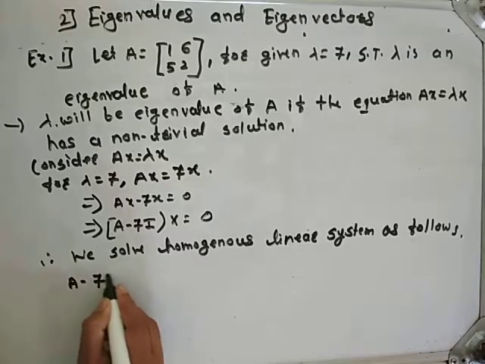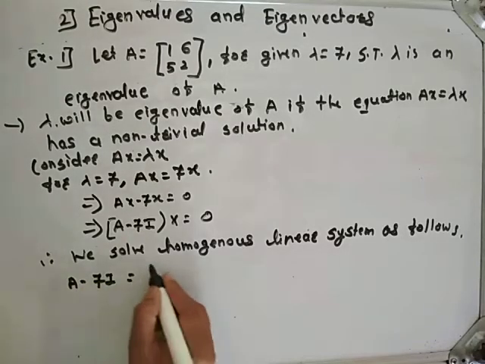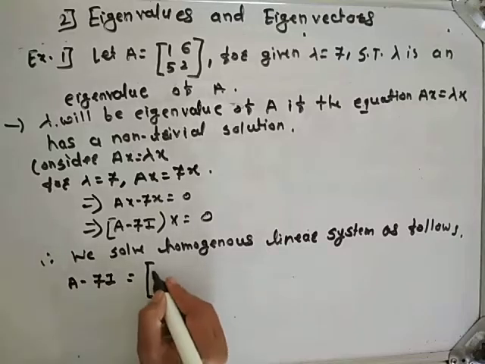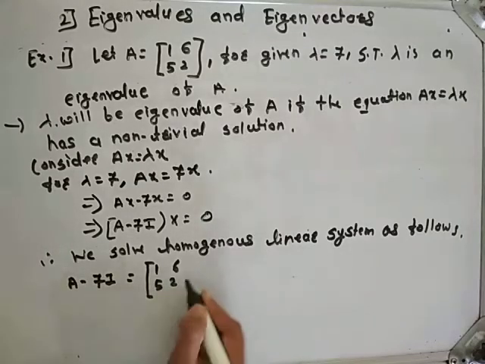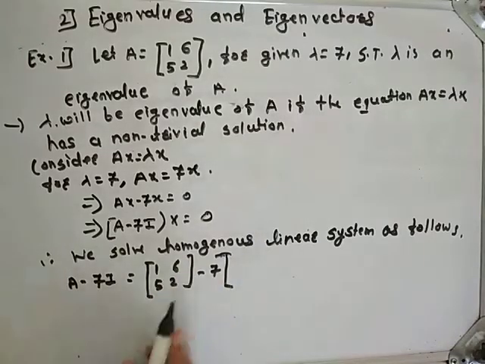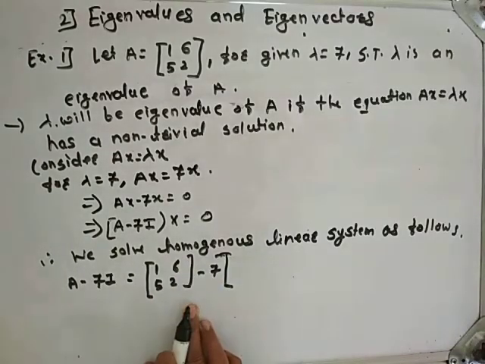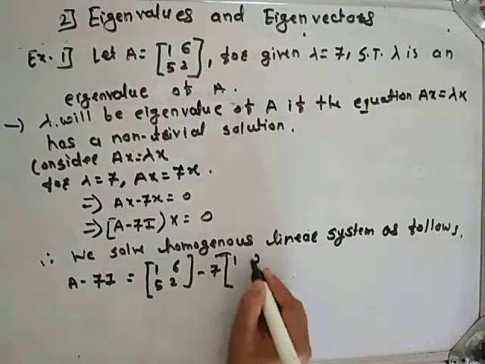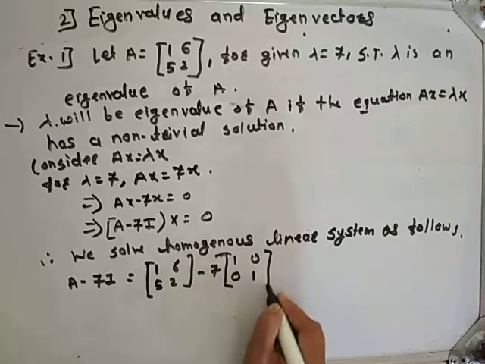A minus 7I is equal to what? A is the matrix 1 6 5 2 minus 7 times the identity. Here A is of order 2 by 2, so the identity matrix is also of order 2 by 2, which is 1 0 0 1.